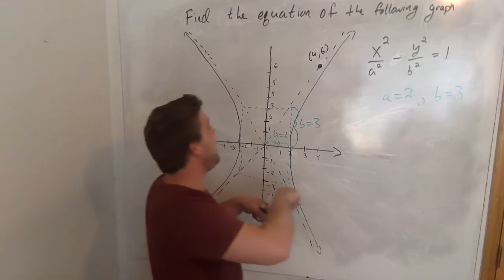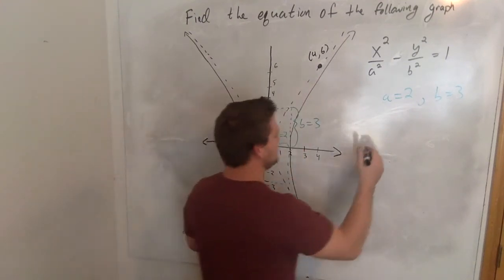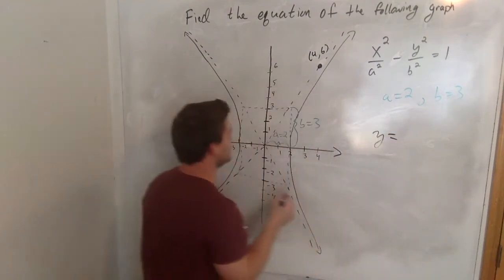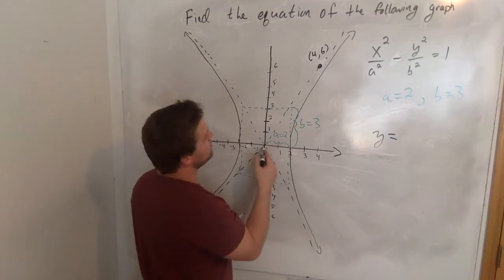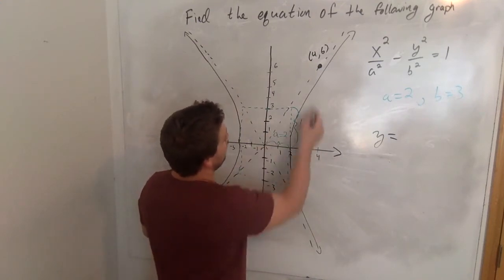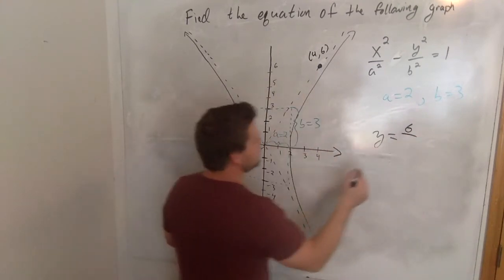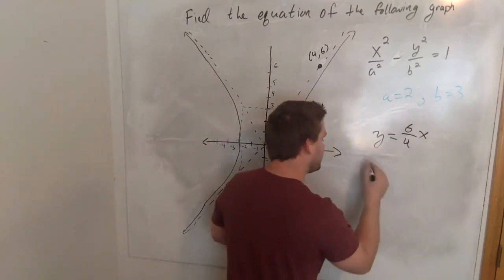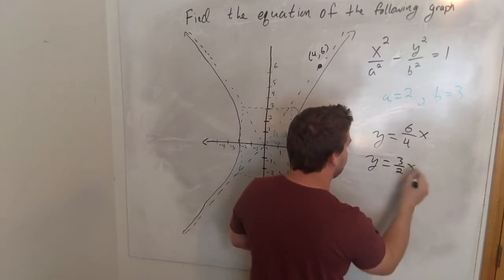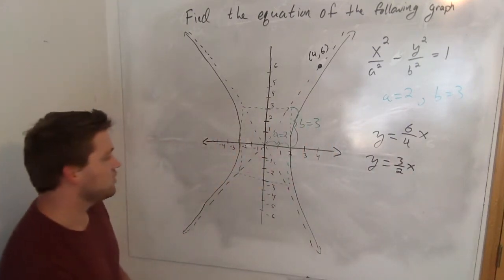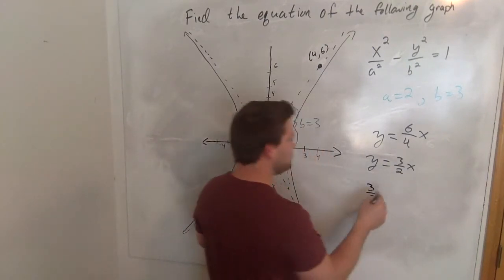So you could have said, well, what's the equation of this slant asymptote? Well, it'd be y equals, okay, it has a y-intercept at 0. What's the slope? Well, if we go over 4, we go up 6, so the rise is 6 and the run would be 4. So y would be equal to 3 halves x. So in this case, we would have 3 over 2.